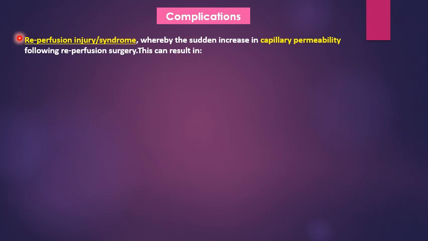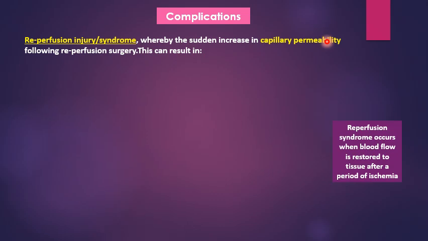Okay, so in the segment where you reperfuse by removing the thrombus, there is a sudden increase in capillary permeability. Reperfusion syndrome occurs when blood flow is restored to the tissues after a period of ischemia. After a few hours of ischemia, you reperfuse, and suddenly in the reperfused tissues you have increased capillary permeability.